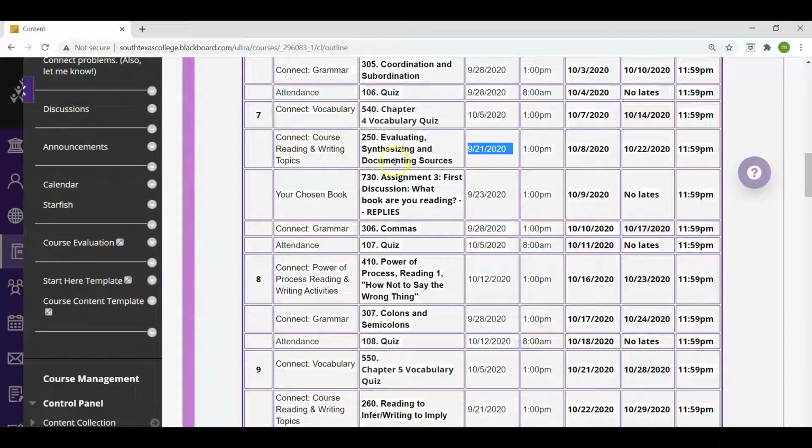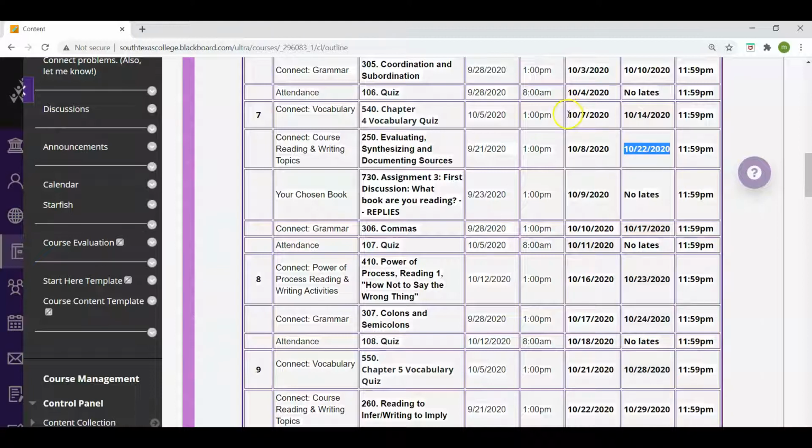It's called a course reading and writing topic. All of those, I think there are 8 of those, became available on September 21st, but they're not all due on September 21st. So this particular one is due on October 8th. Then the late deadline for it is October 22nd. All right, so it's a very big 14-day late period.